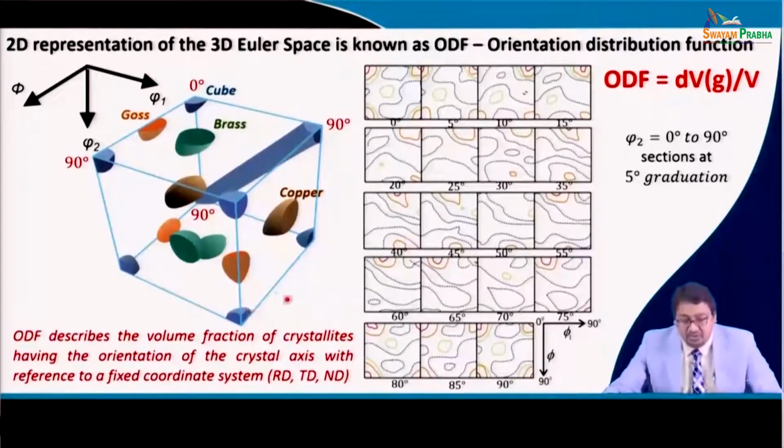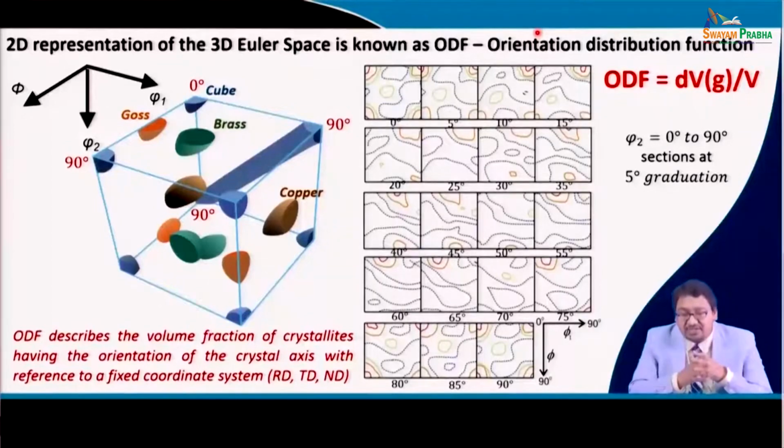So, in ODF we observe the volume fraction of a particular orientation g with respect to the volume fraction of the whole orientation, right.